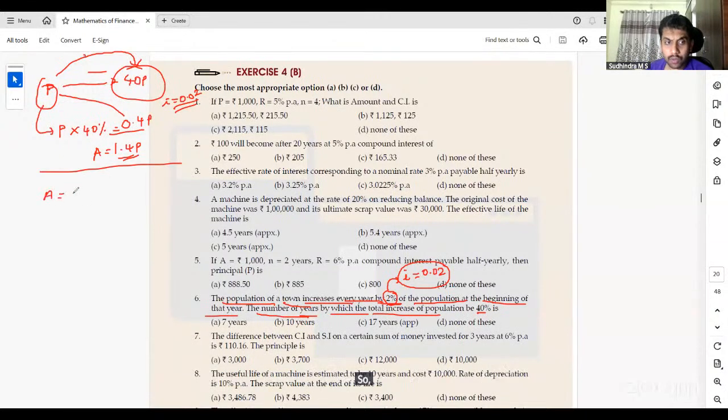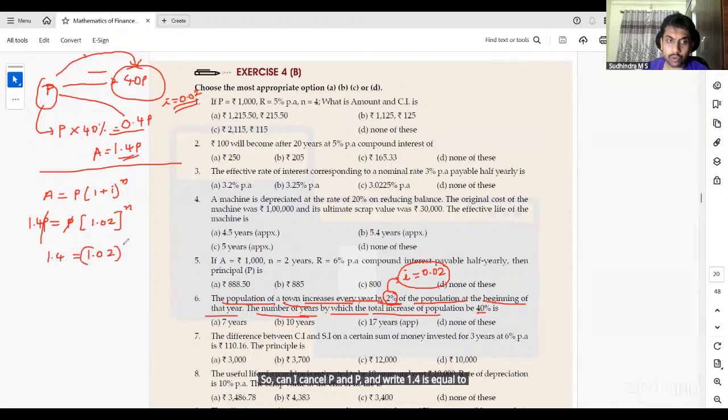So, amount is equal to P into 1 plus I to the power n. That is P into 1.02 to the power n. What is amount? 1.4P. So, can I cancel P and write 1.4 is equal to 1.02 to the power n. So, here again, how do I simplify this?